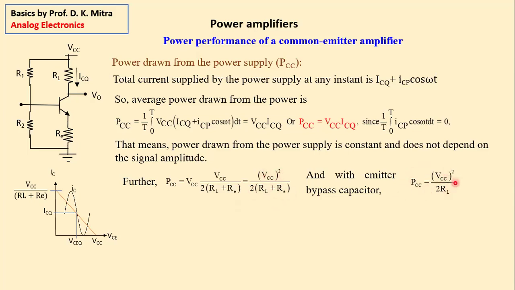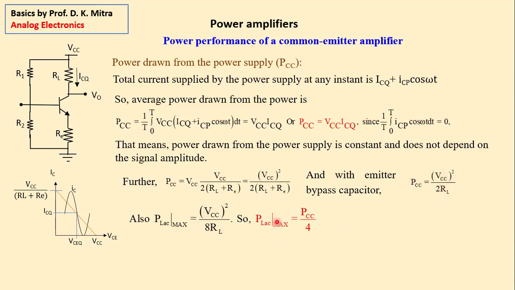So power drawn from the battery is VCC square by 2 RL. And just a few minutes back, we have seen the maximum AC power delivered was VCC square by 8 RL.